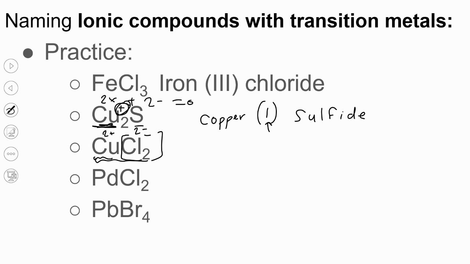So what would this be called? Copper II chloride. Be careful with spelling. Chloride has that weird H in there, so that does matter. Make sure you spell it right.